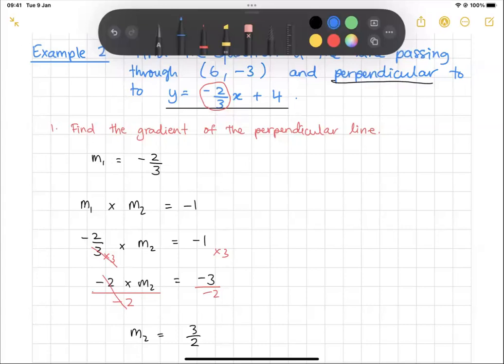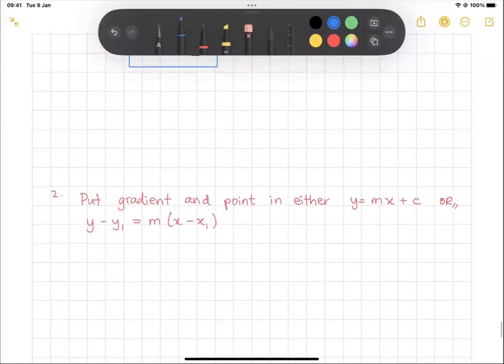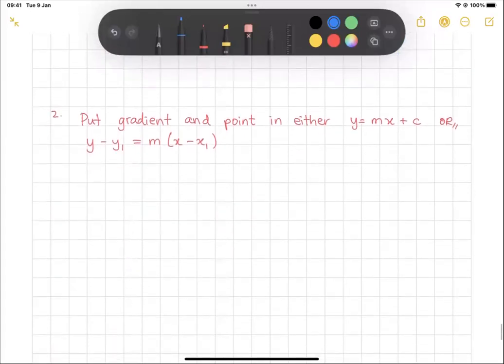The reason being is there are two negatives on the numerator and the denominator, so if I divide them, it turns into a positive. Okay, so that's my gradient for my perpendicular line. My next step is to put the gradient and point in either the gradient-intercept form or the point-gradient form. You can use either.